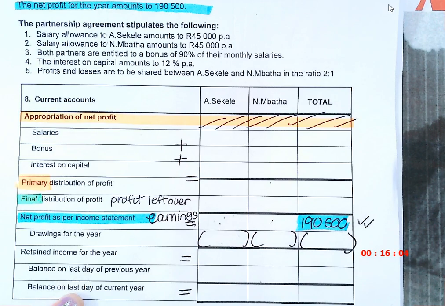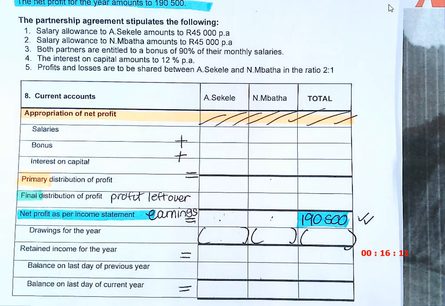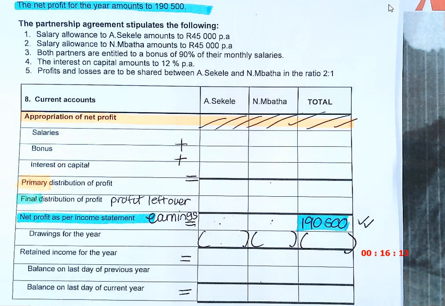If they want you to work it out, it would be a simple calculation, but 9 out of 10 times, they give you the net profit. They might give you the net profit and say they forgot to adjust the following adjustments, and then you just need to fix it.